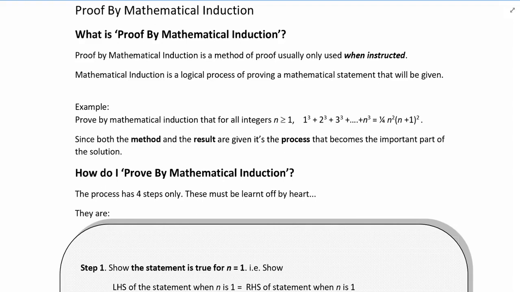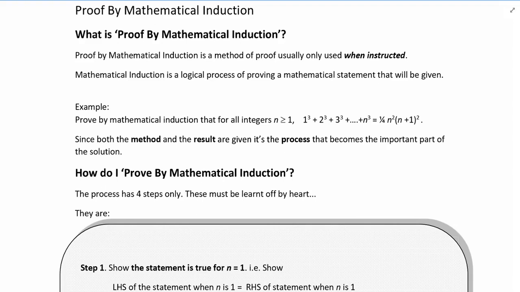So we're going to prove a statement for, say, k terms, and we'll show that a statement is true for, say, k terms, and then prove it true for k plus 1 terms.